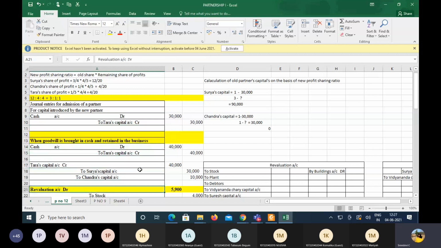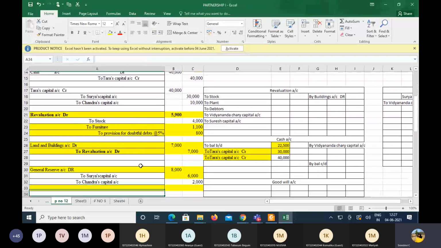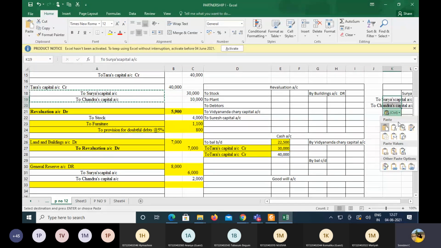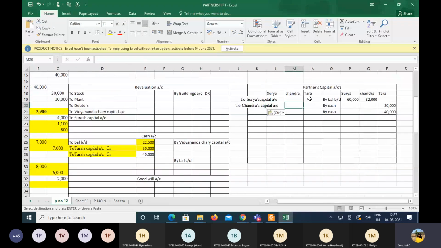Now going for sharing the goodwill to both the partners. So here the entry is Tara's capital to old partners, that is the new partner's capital to the old partners. So in the new partner's capital we write it as to Surya as well as Chandra, and the amount of share to them is 30,000 and 10,000, right?